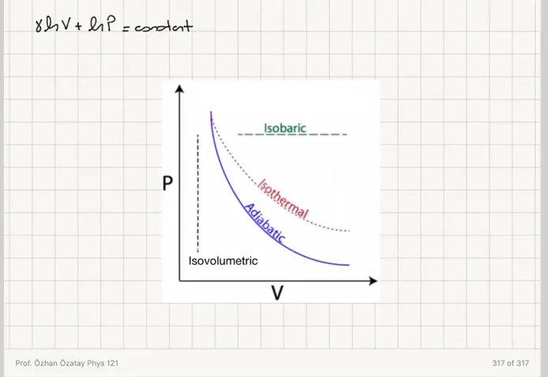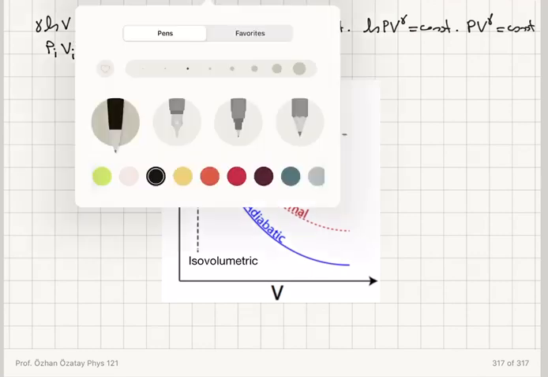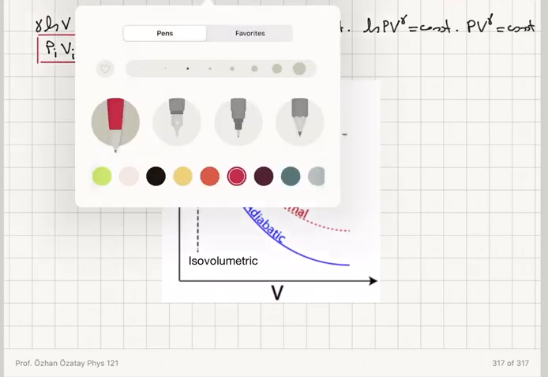So I will find that ln V to gamma plus ln P is a constant, which means ln PV to gamma is a constant, or PV to gamma is a constant. Therefore, in an adiabatic process, you will have initial state pressure times volume to gamma is equal to final state pressure times volume to gamma. So this will be true for an adiabatic process.